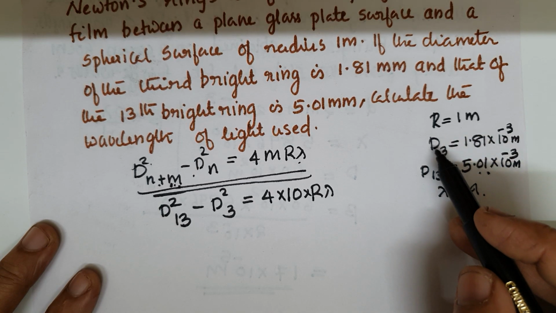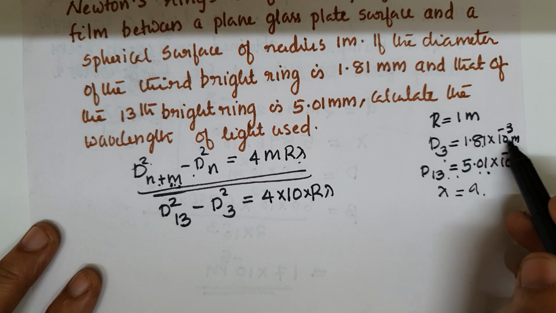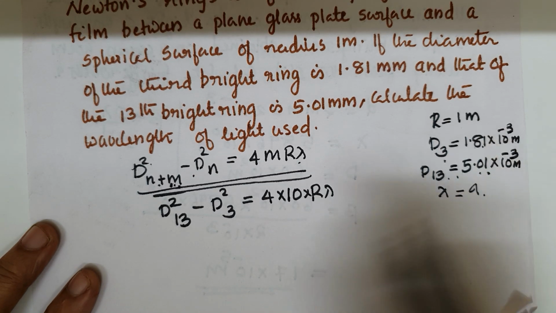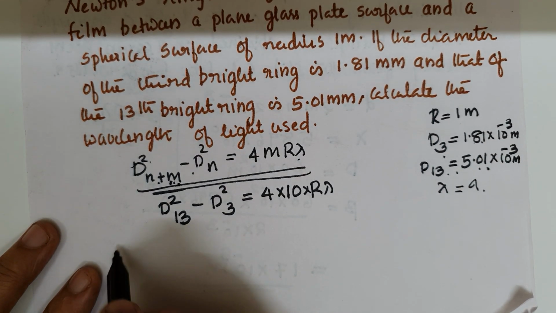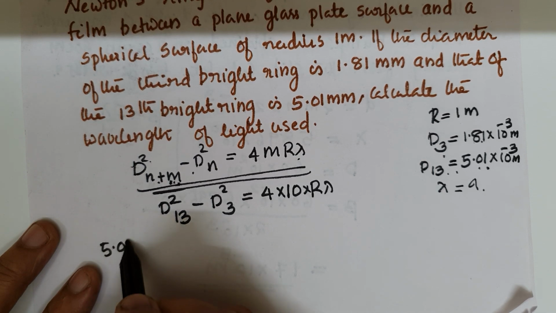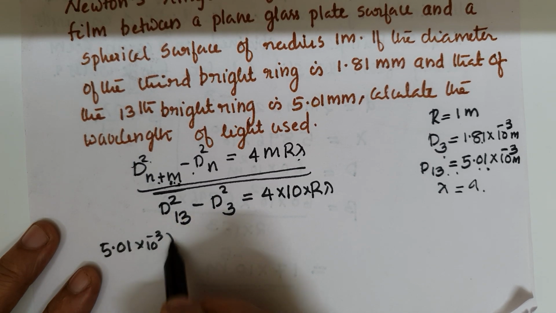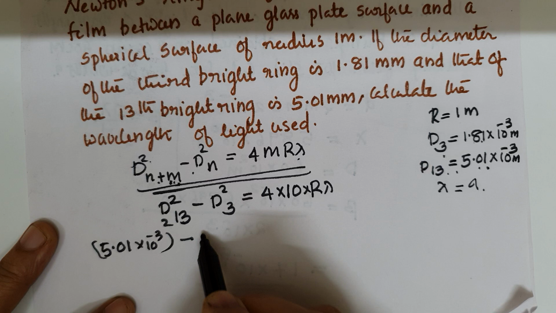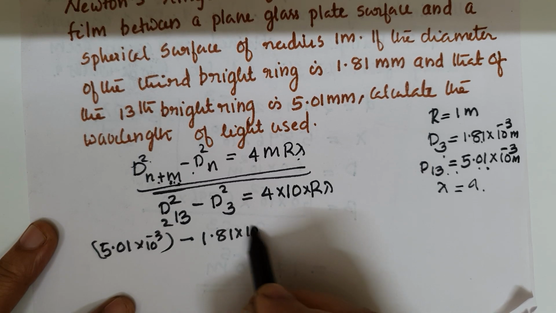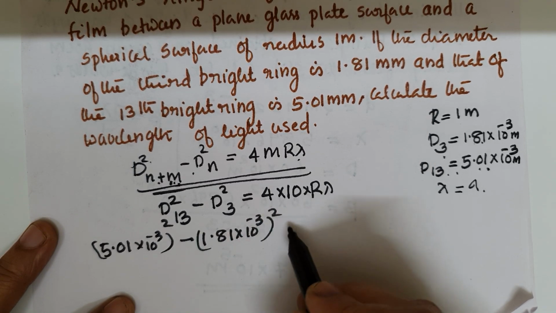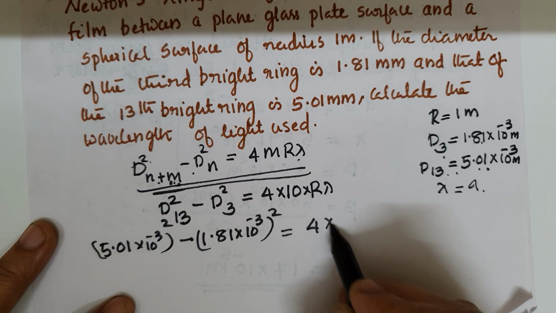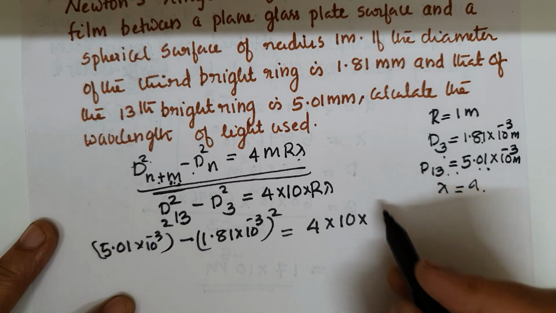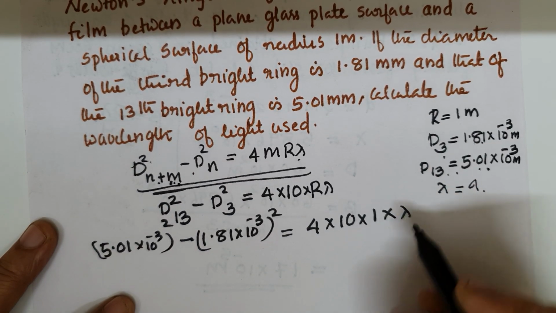So 5.01 into 10 raised to minus 3 the whole square minus 1.81 into 10 raised to minus 3 the whole square gives 4 into 10 into r, which is 1 meter, into lambda.